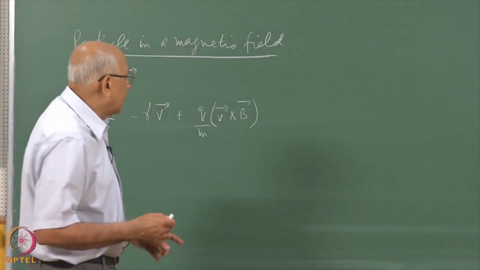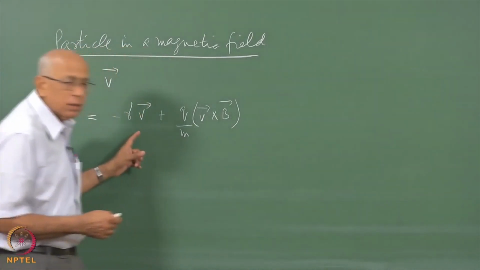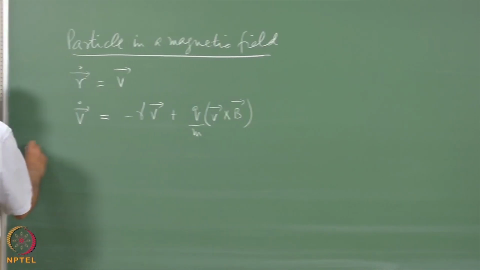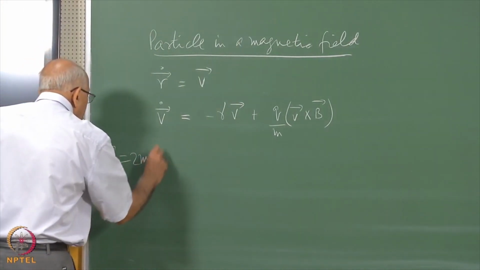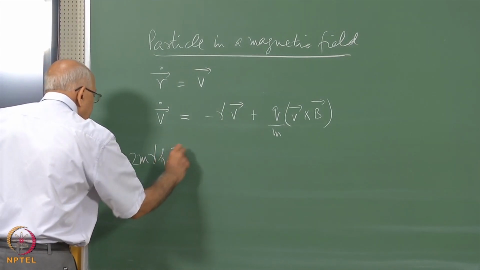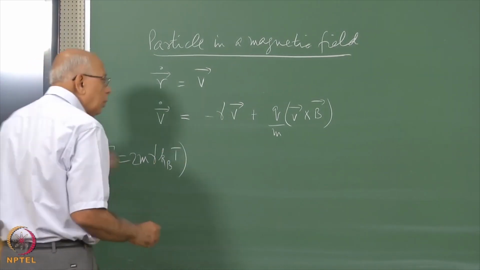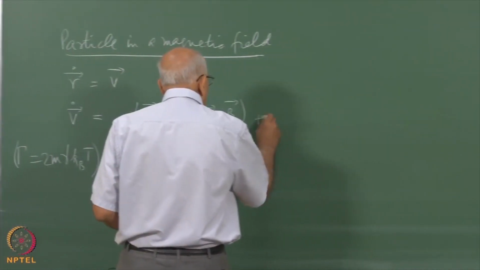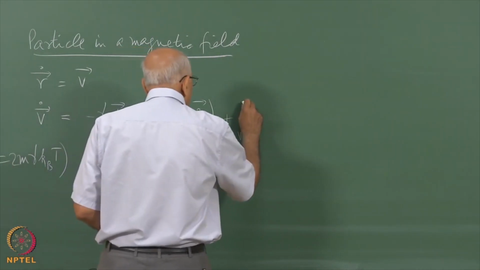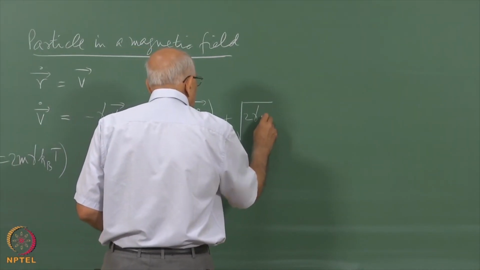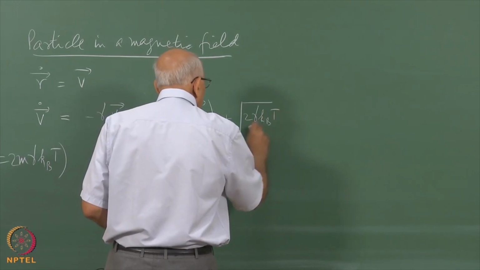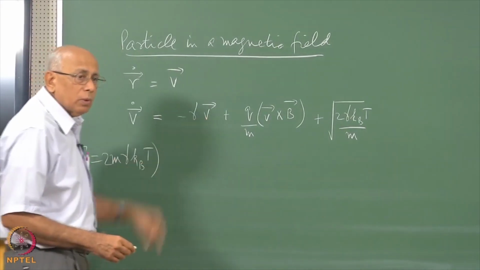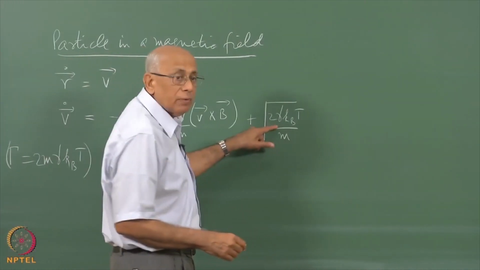It was implemented by saying that the strength of this noise is related to this dissipation coefficient by this relation which we have already written down many times, capital Gamma is equal to 2 m gamma k Boltzmann T. So, we will put that in as we have been doing in all our examples, in which case this becomes plus square root of 2 gamma k Boltzmann T divided by m, because it was m v dot equal to whatever it was on this side, and this was square root of capital Gamma.